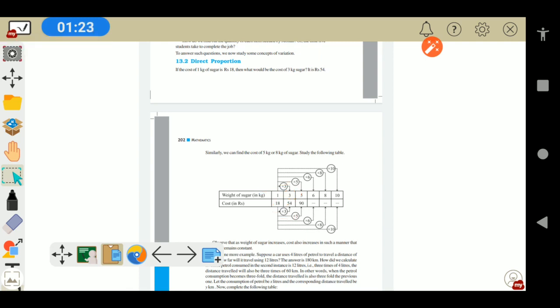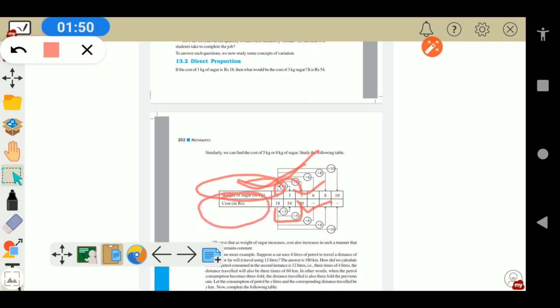Similarly, when we take 5 kg of sugar, the price is 90. So when 1 is multiplied by 5, then 18 is also multiplied by 5. This is called direct proportion, meaning that when one quantity, the weight of sugar, is increasing, the cost is also increasing in the same proportion.